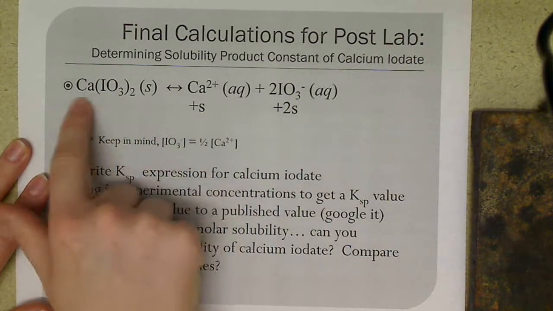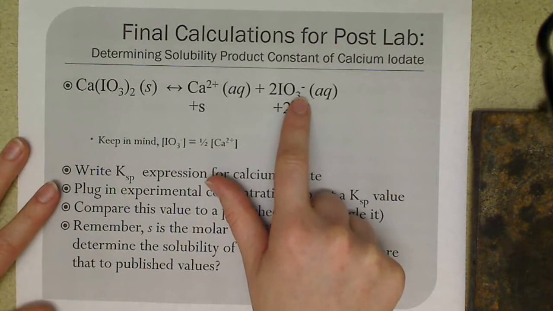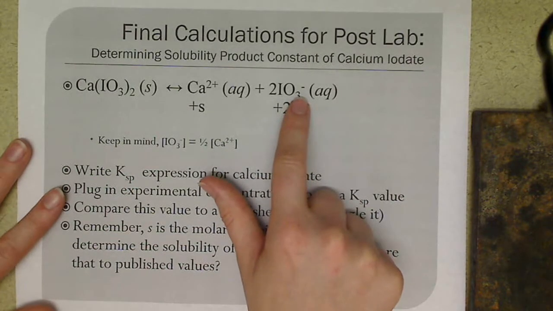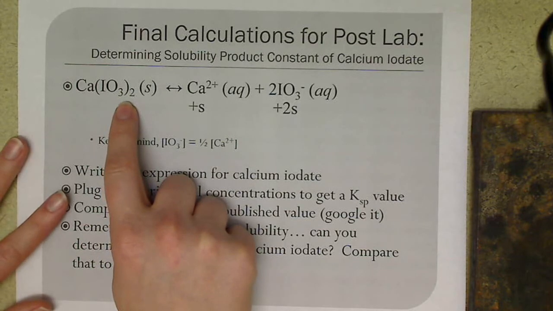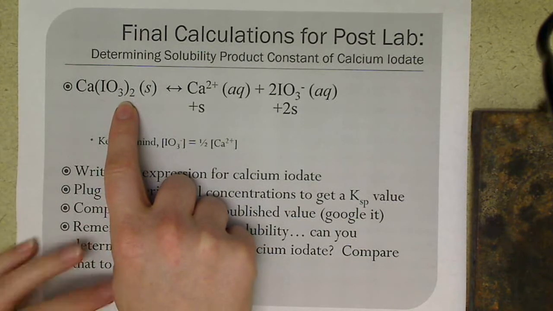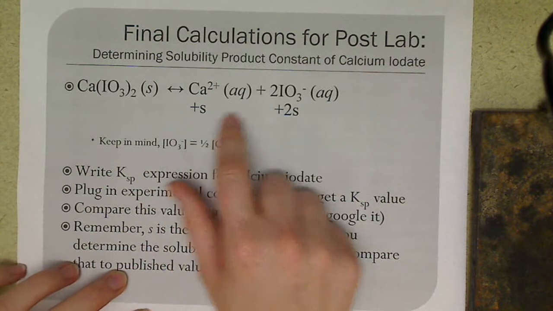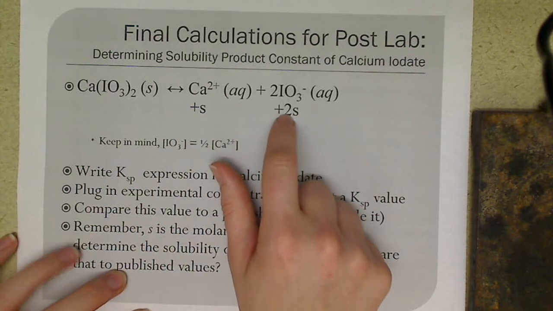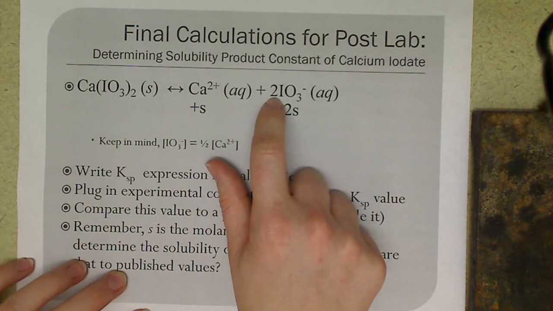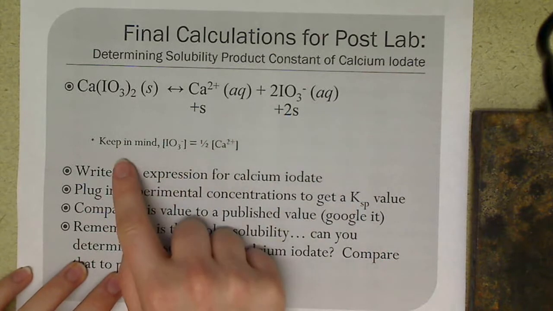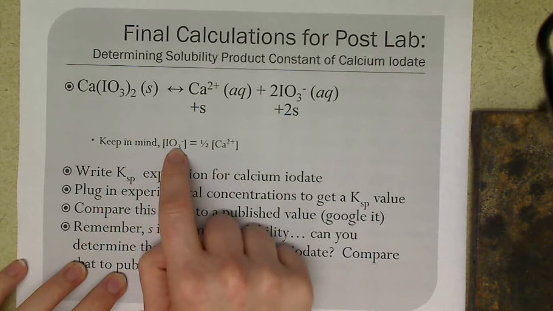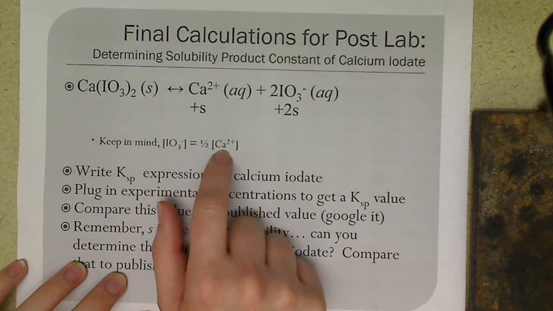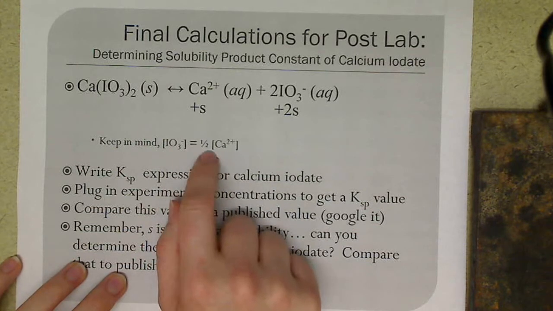So here's our equilibrium. Remember when we set up an ICE table with a slightly soluble salt equilibrium, instead of having a plus x and minus x, we use s. Remember the lowercase s, and this 2 comes from our stoichiometry. And you want to make sure that you keep in mind that the concentration of the iodate ion is equal to 2 times the concentration of the calcium ion. So keep that in mind.